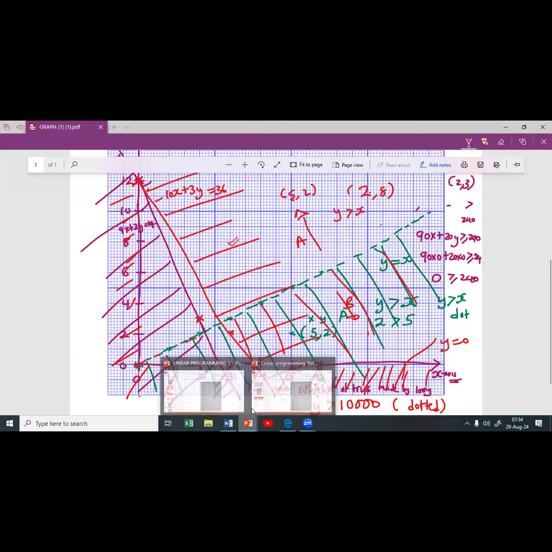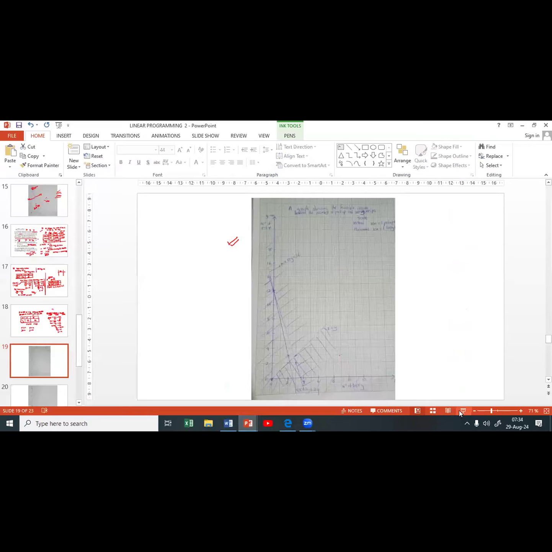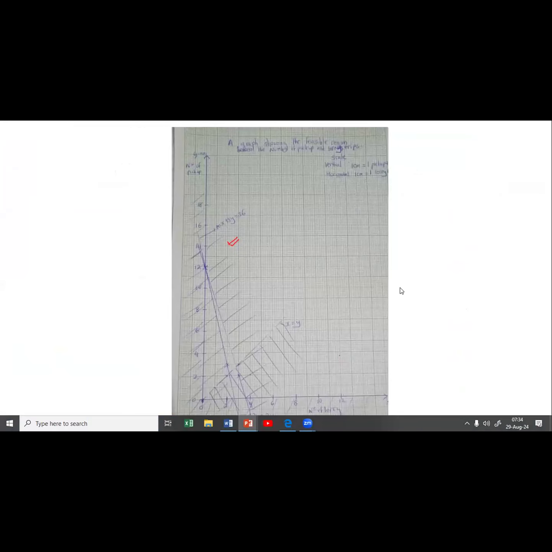Okay. Now we go to the last part. So please ensure your graph is like this. This is how your graph should be. And what are the marking points? Now, one thing we have not talked about is the scale. Please do not forget to indicate your scale. Vertically, 1 centimeter represents 1 trip made by the pickup.